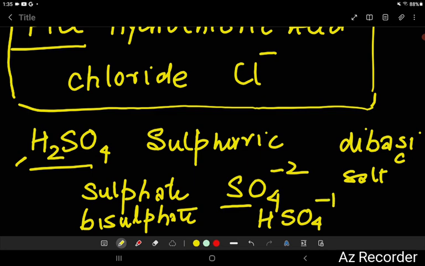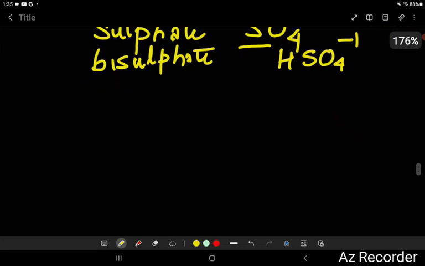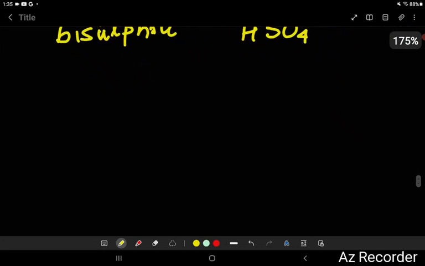This is the second acid. The first one is hydrochloric acid, the second one is sulfuric acid, and the third one is nitric acid. Keep going with the video, and at last you will learn how to write the reactions. The third acid, nitric acid, is HNO3. These three acids are called the main mineral acids.